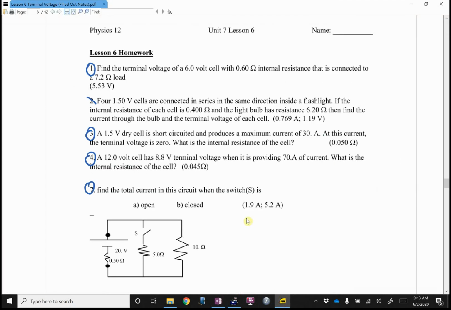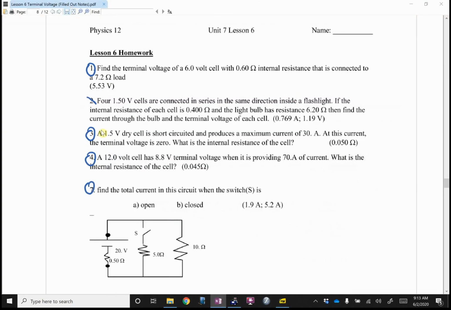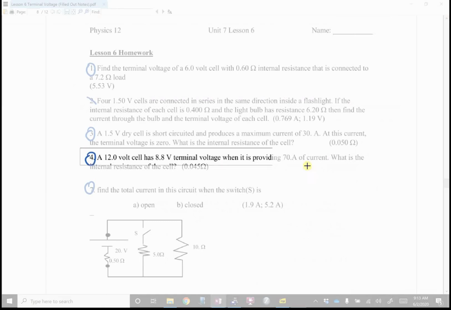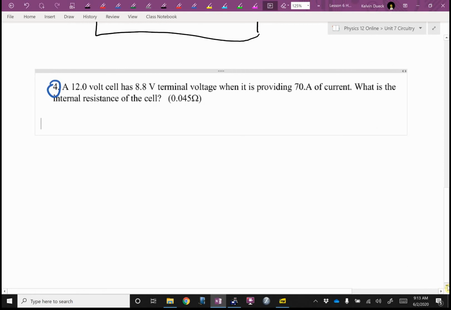Number 4. Similar question to number 3, except there's an external resistor as well. So if I do my really quick sketch, I've got my little internal resistor r.